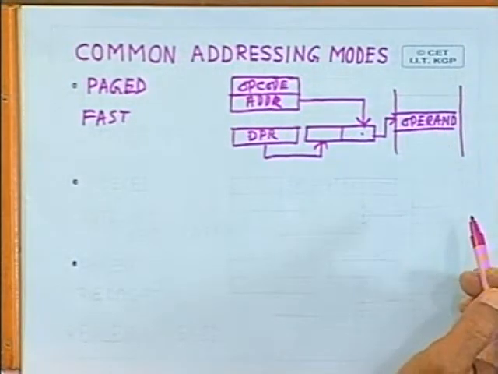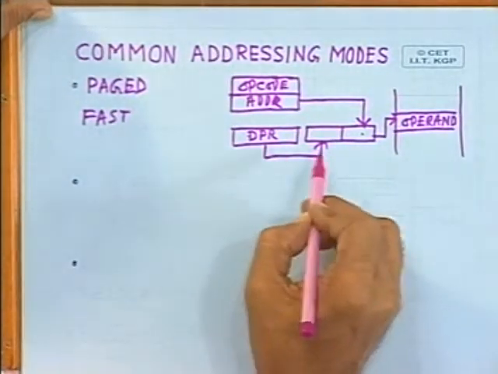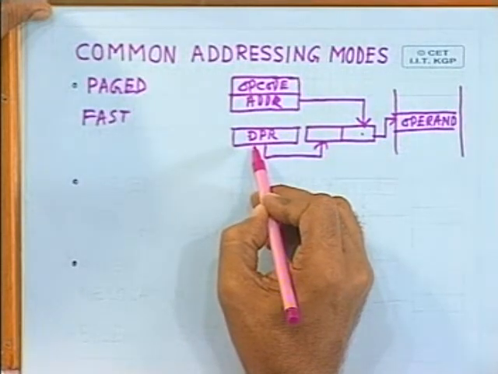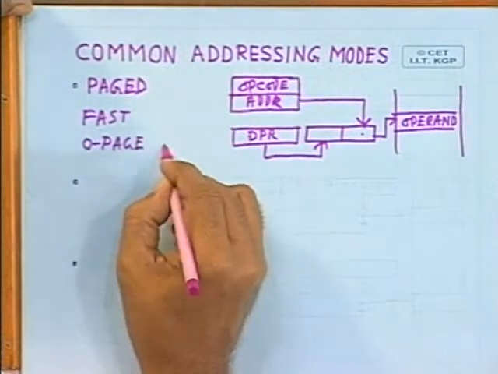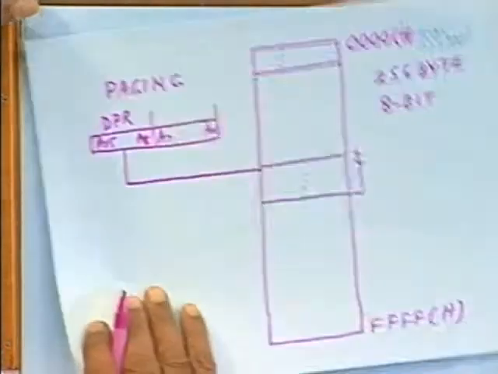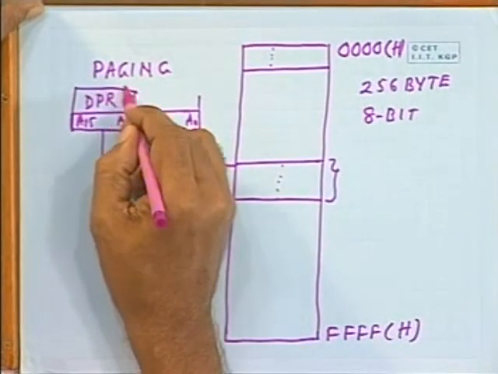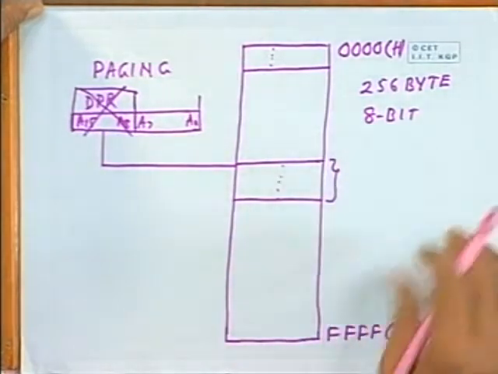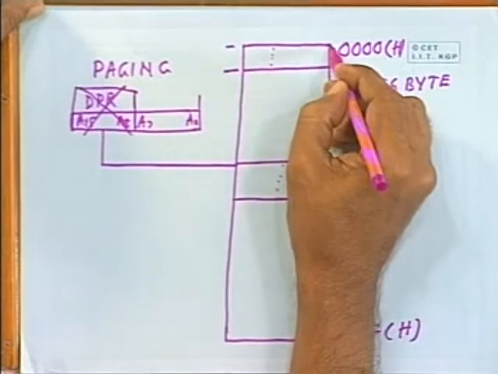In some processors, this direct page register is not provided. Even then it is possible to provide page addressing in a very limited way, and that is called zero page addressing. How is zero page addressing done? Suppose the direct page register is not provided. You allow page addressing only for the 0th page.